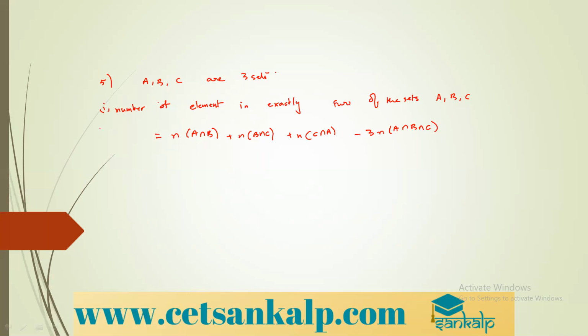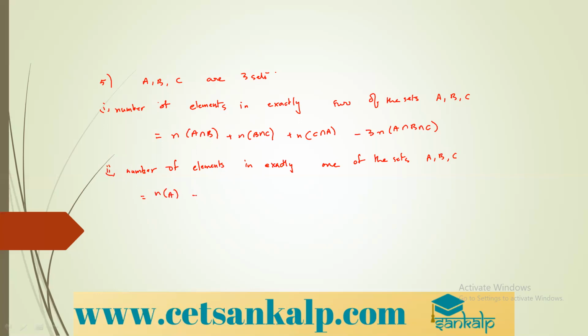This is one formula. But if you want to find the number of elements in exactly one of the sets A, B, C, for that there is a different formula.